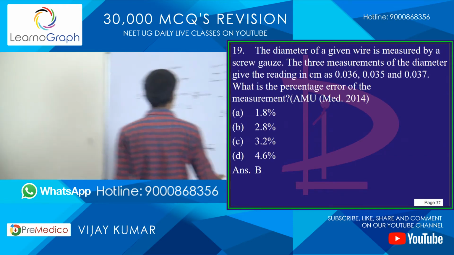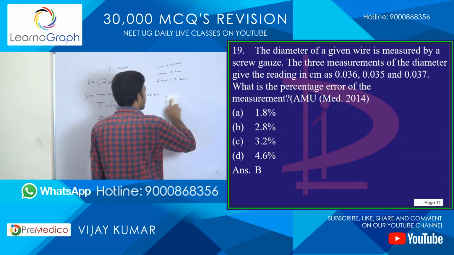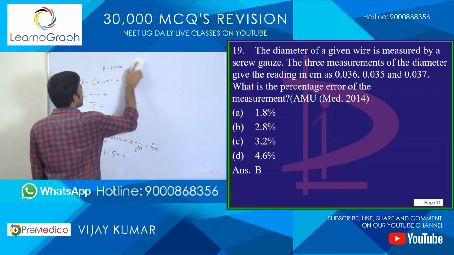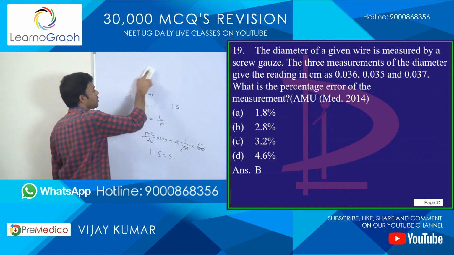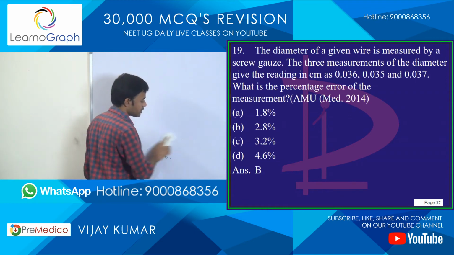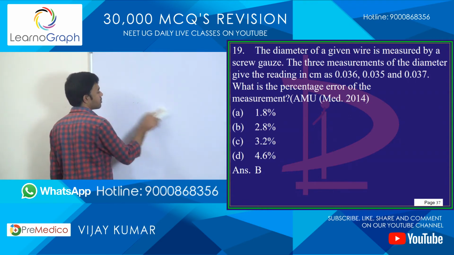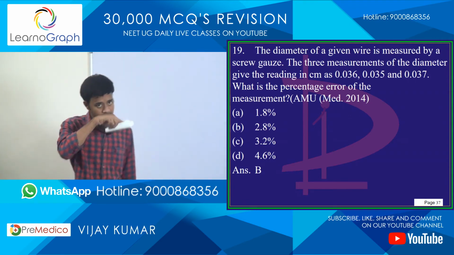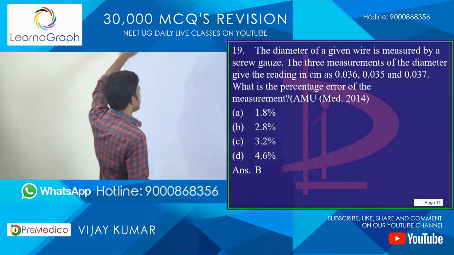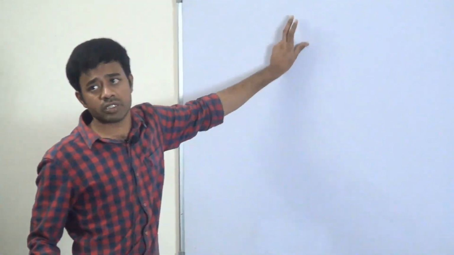To find the percentage error, we first have to find the fractional or relative error. The fractional error is the mean absolute error by the mean. So first you have to find the mean of these three measurements.